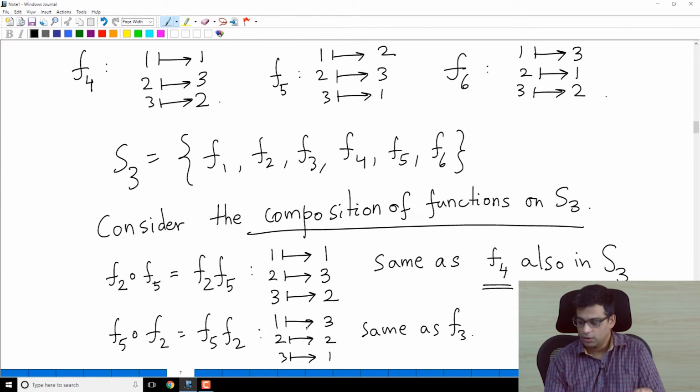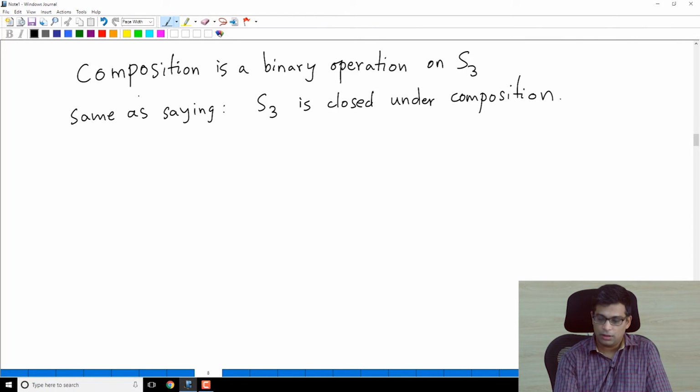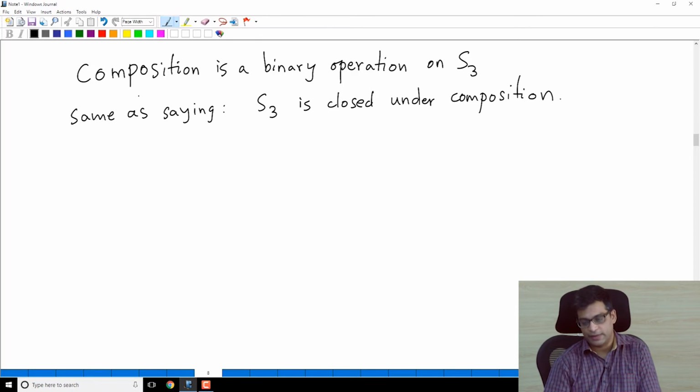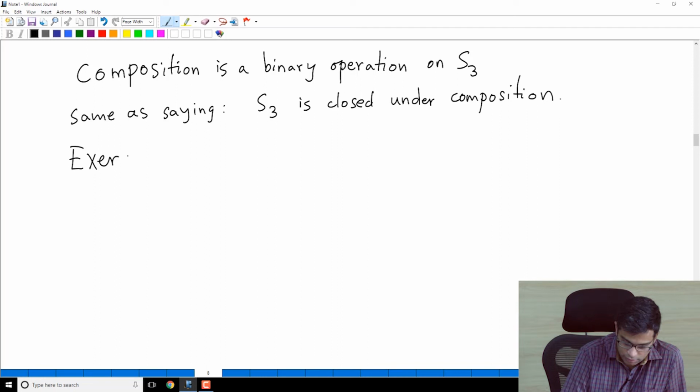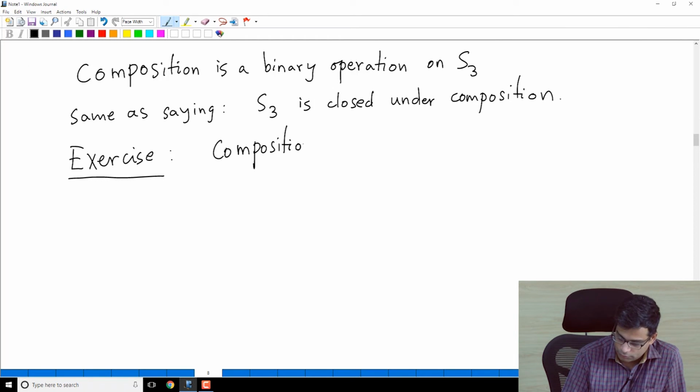F2 composed with F5 is again in S3, F5 composed with F2 is also in S3. But here I am saying that if you take any 2 elements and compose them, I get another element of S3. This is an exercise that you can do, and maybe later I will tell you how to do this if it is not clear, but it is an easy exercise that the composition of two bijections is also a bijection.